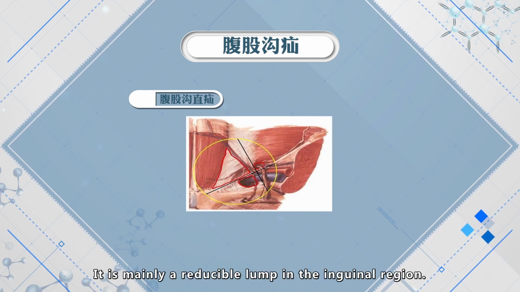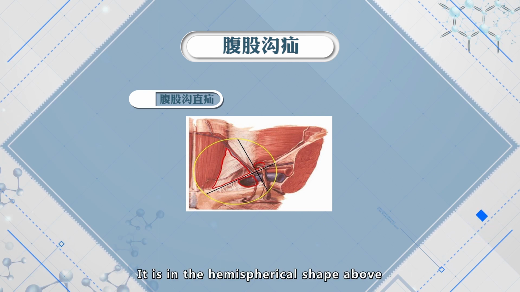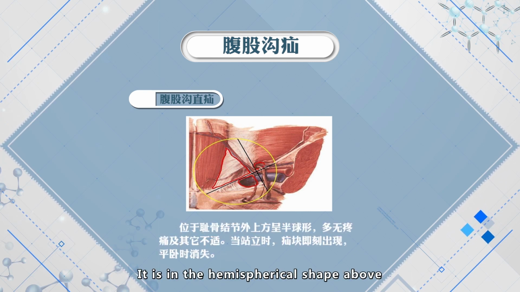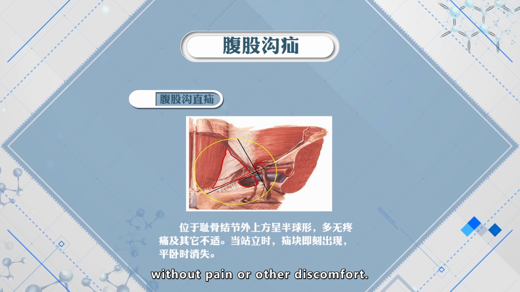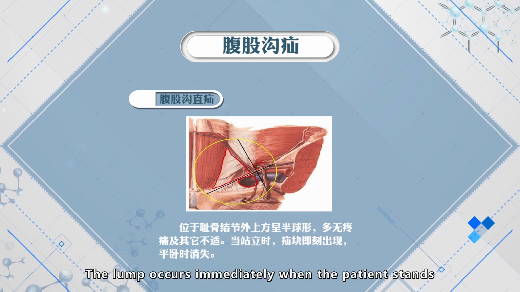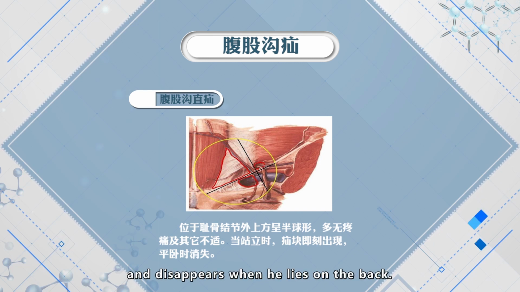It is mainly a reducible lump in the inguinal region. It is in a spherical shape above and outside the pubic tubercle, without pain or other discomfort. The lump occurs immediately when the patient stands and disappears when he lies on his back.